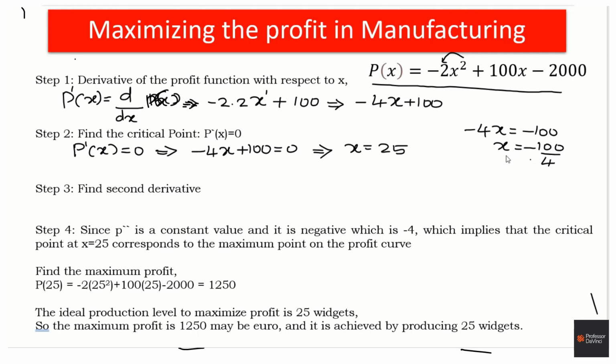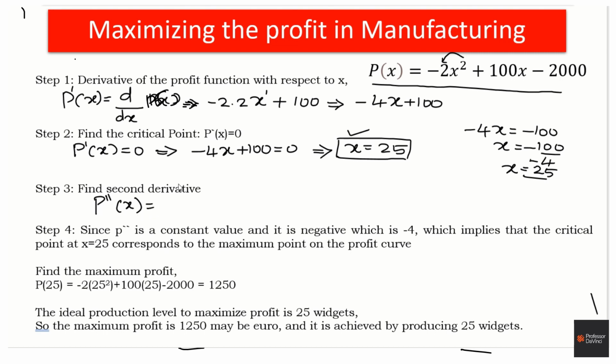So we get x equals 25. So in the second step, assuming p dash of x equals 0, we found the critical point x equals 25. After that, we find the second derivative, that is p double dash of x.